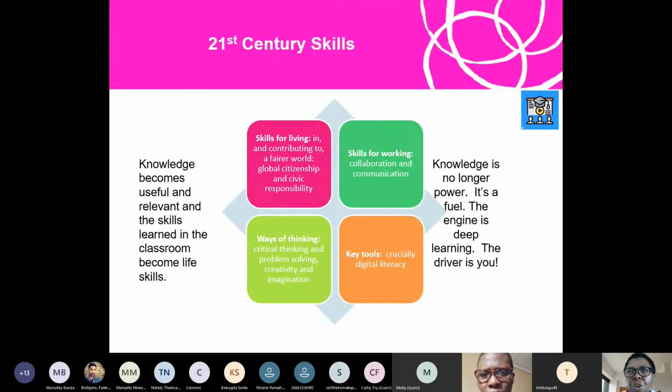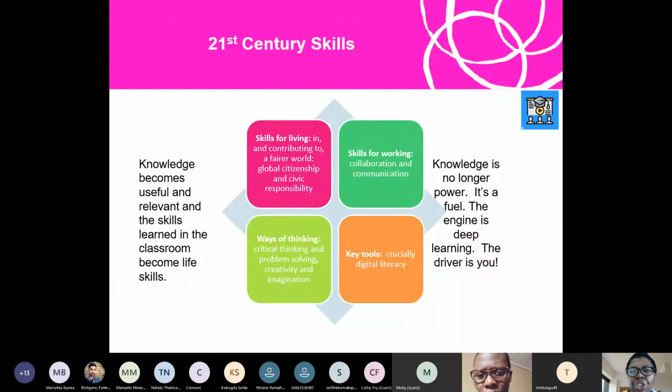And fortunately, I had an opportunity of looking through the Lesotho curriculum, and I have seen that life skills is a critical subject in your system. And when you give your learners 21st century skills, basically, you are also saying knowledge is no longer power, but it is a fuel.